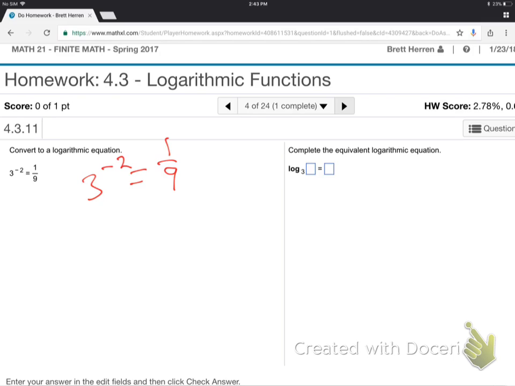Other two switch. This is the base, huh? Stays the base. The other two swap. Instead of 3 to the minus 2, it's 3 to the 1/9. Minus 2 goes over there. Done. That easy? Base stays the base. Other two switch.